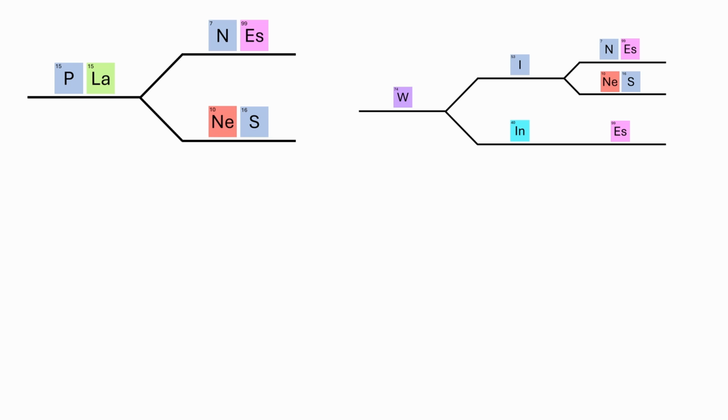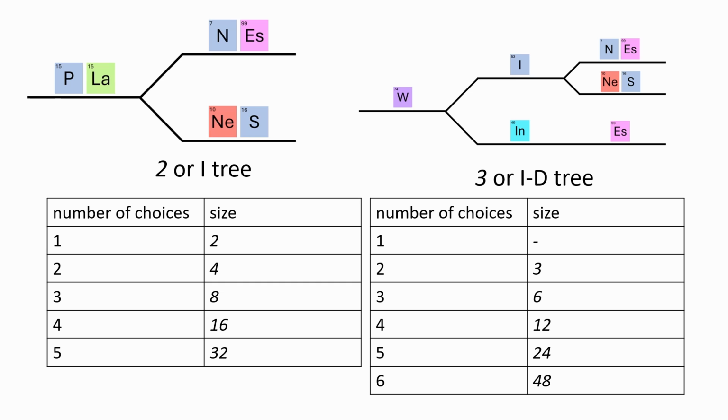So, a little bit more formalism: we can call the 2 the I tree, because it is the result of 1 independent choice, and we can call the 3 the ID tree, because it is a result of an independent and then a dependent choice. And if we add an arbitrarily large number of independent choices at the beginning or end of these trees, we can calculate their size, which is shown here. You can see the 3 is eventually extended to be our 48, which is our max.